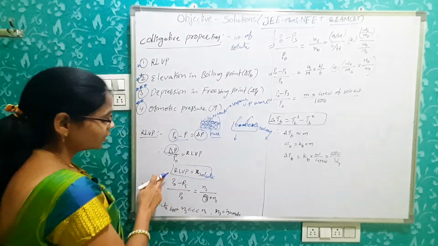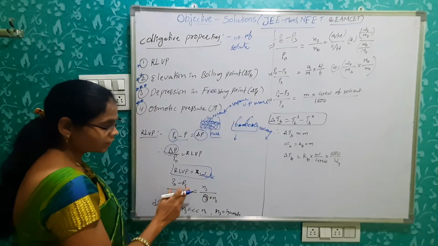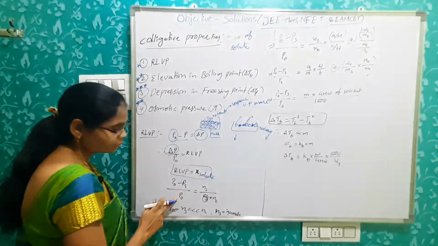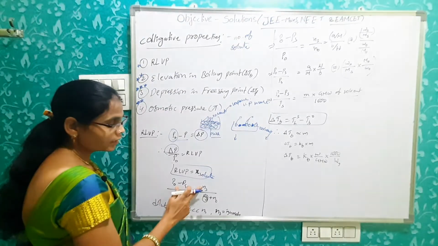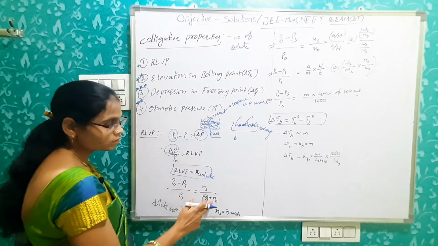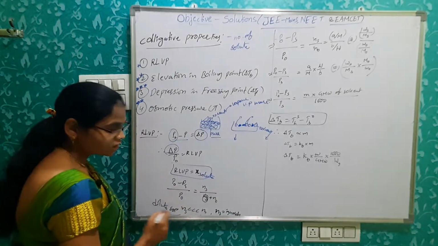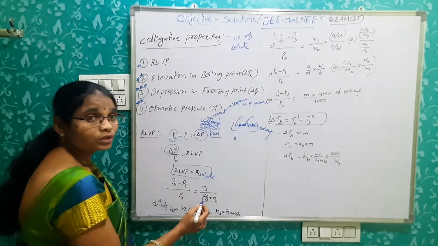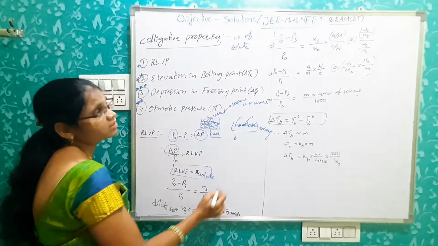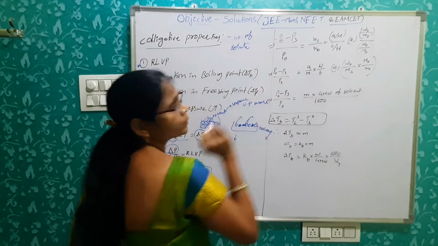So RLVP is P0 minus PS by P0, pure solvent vapor pressure minus solution vapor pressure, by pure solvent vapor pressure, equals NS by NS plus N0, number of moles of solute by number of moles of solute plus solvent. For dilute solutions, the number of moles of solute is very small, so NS is ignored in the denominator. So simply NS by N0 only.